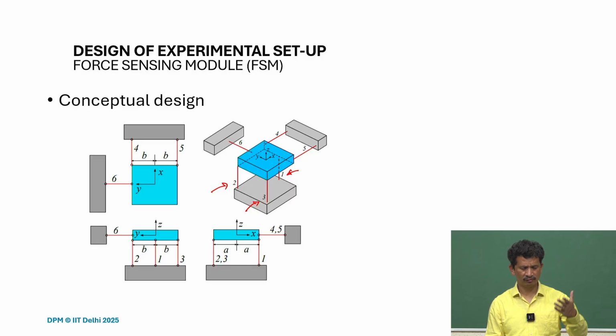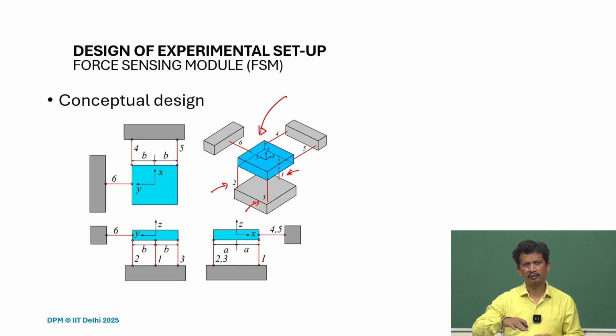So 1, 2, 3, 3 constraints at the bottom, so supports the floating platform. So this is floating, and on top of this is how we are going to support the instrument or the entire endoscopic platform, so that when we are operating, then it will get transferred from the floating platform to the fixed frame through these wire flexures.